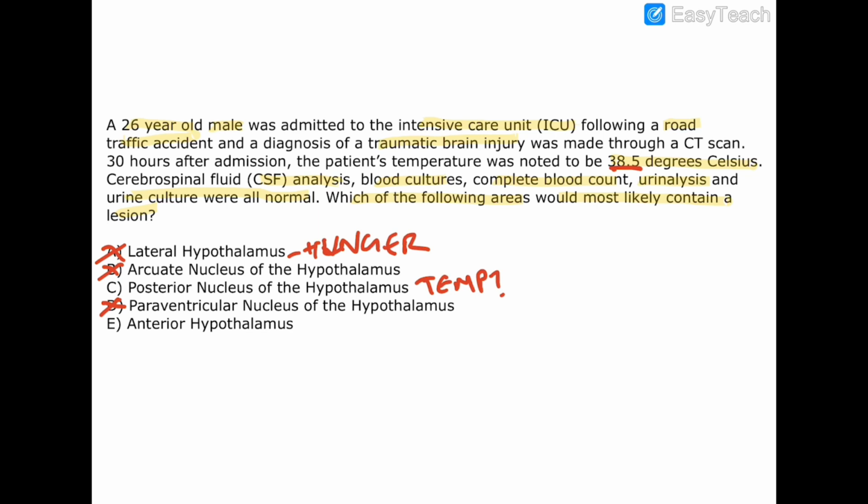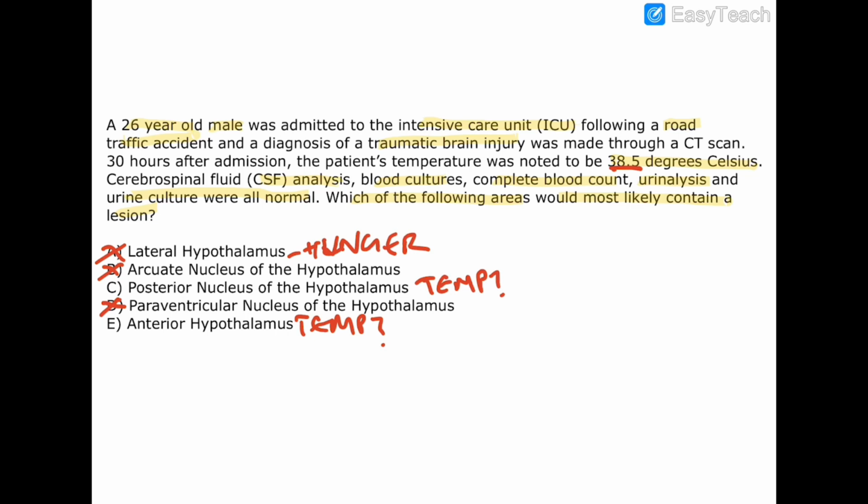Now, option E, anterior hypothalamus, also plays a role in temperature. So, how do we know if it's the posterior or the anterior? The best way to do this is essentially looking at which one cools the body and which one heats the body. The normal function of the posterior nucleus is a heat-producing reflex, which means it causes vasoconstriction and increases body heat.